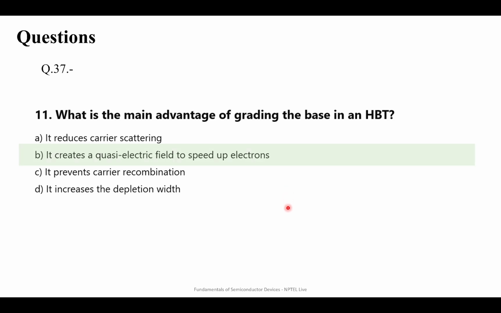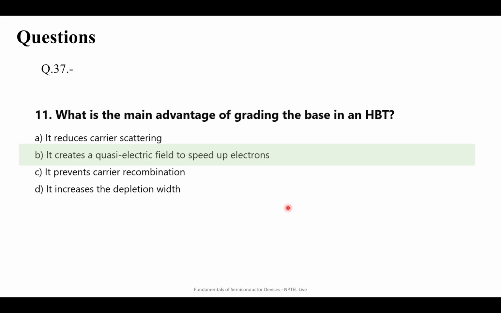That is correct. So if you change the doping in the base gradually, going from the emitter to the collector, you will have a slanted conduction band.